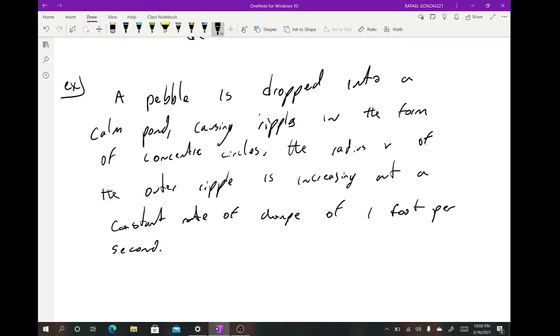Now the question is, when the radius is 4 feet, at what rate is the total area of the disturbed water changing?